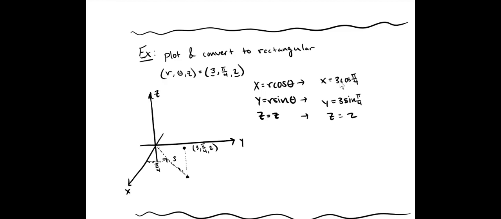So our point is 3 root 2 over 2, 3 root 2 over 2, 2. Great. So there we have it. We've plotted it very clearly in both coordinate systems, and we have converted the point to rectangular.